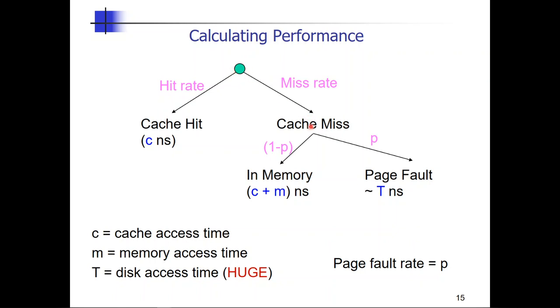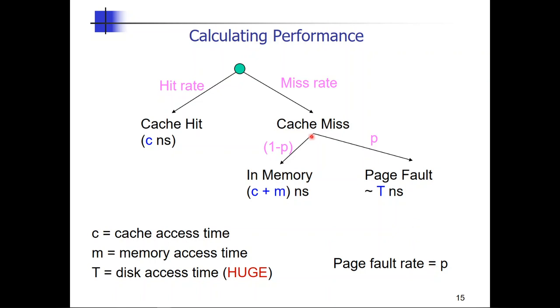Now if we do have a cache miss some fraction of the time, then two things might happen after a cache miss. We could find the required word in the memory, or it's not present in the memory and we have a page fault. P, small p, is the page fault rate.